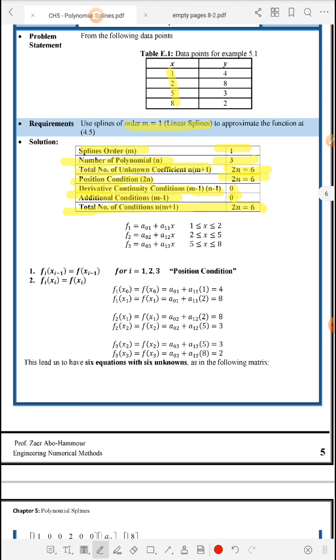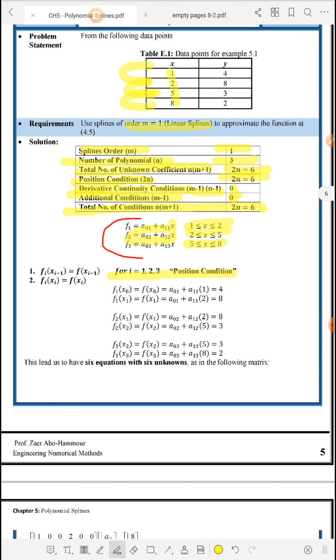And here we construct the 3 polynomials f1, f2, and f3. They are first order splines, and the first polynomial connects the range of x between 1 and 2, which are those 2 points, the second between 2 and 5, which are those 2, and the third connects the last pair, 5 and 8. All of them are first order polynomials. So we take the position conditions for those data points.